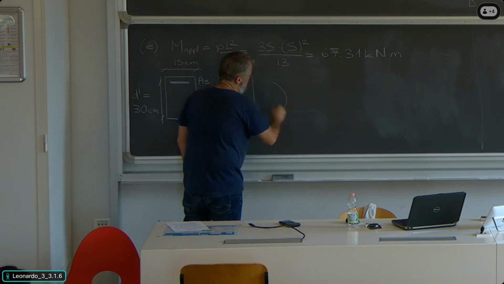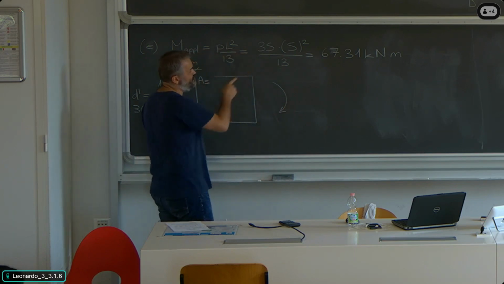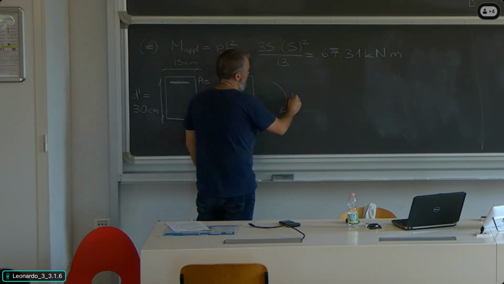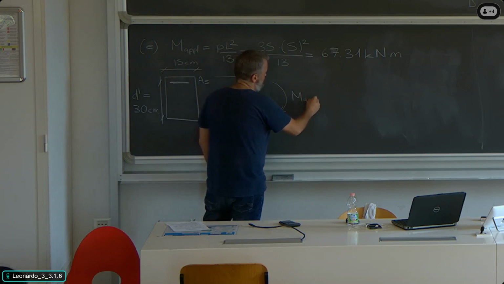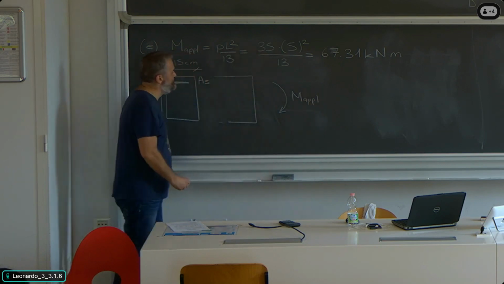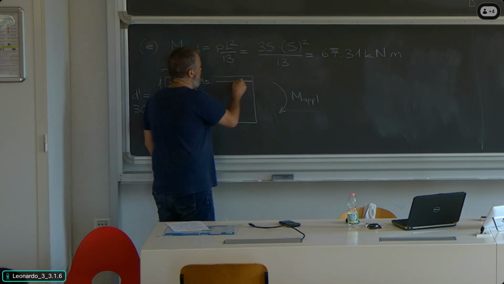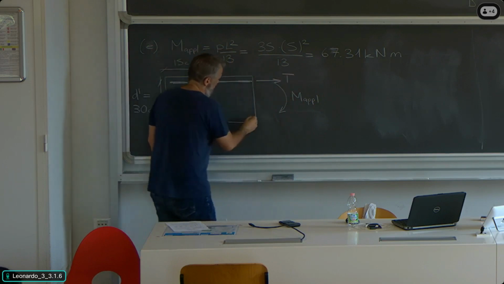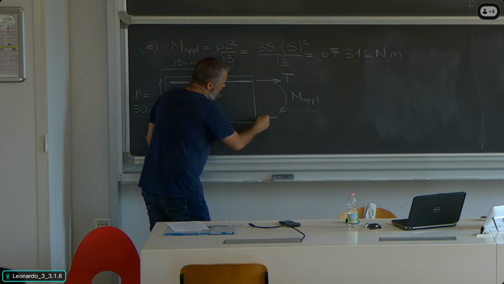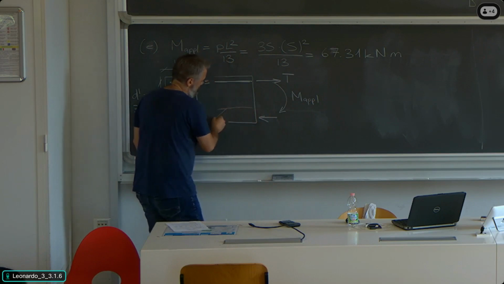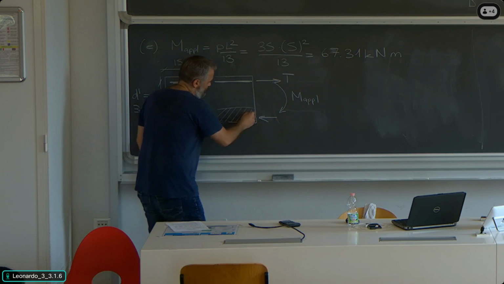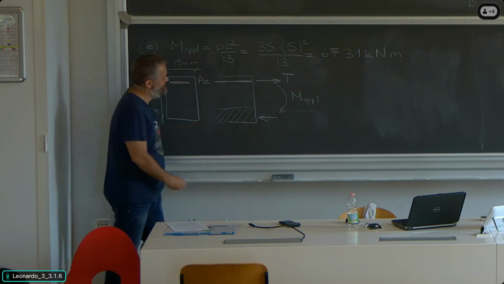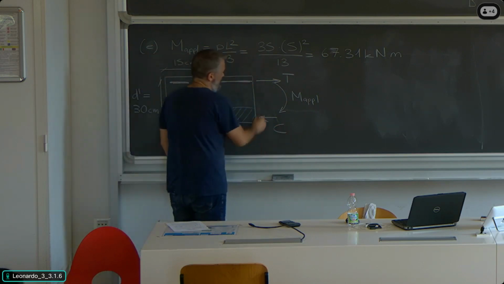In our case, it's like this, negative. I called it M applied. It is resisted by a tension force in the reinforcement, T, and a compression force in the concrete, where there is a portion which resists the stresses.